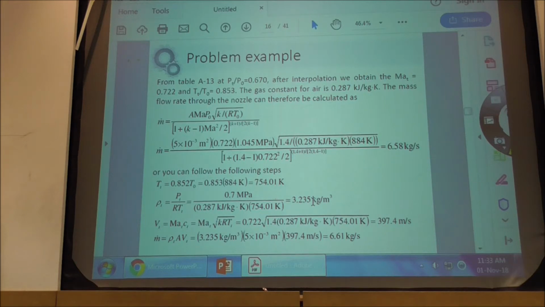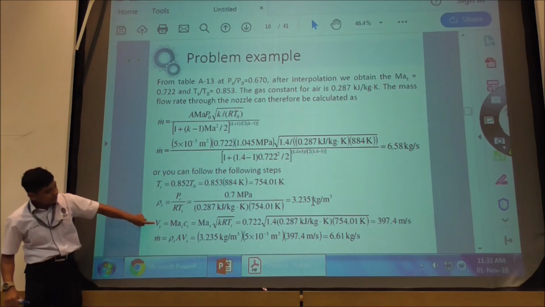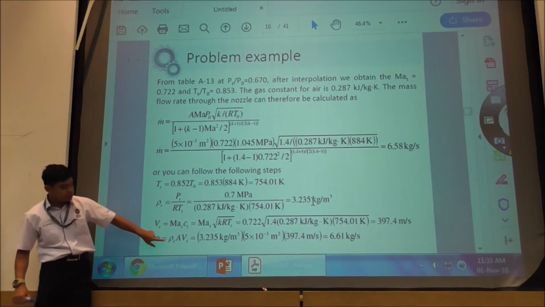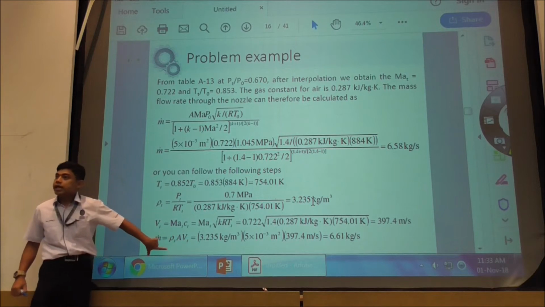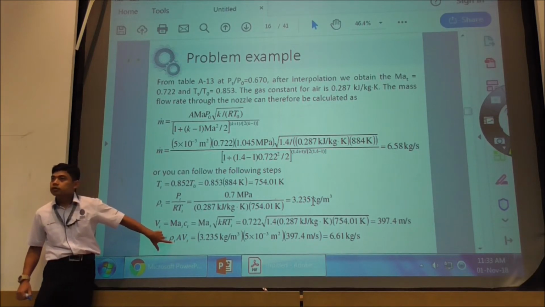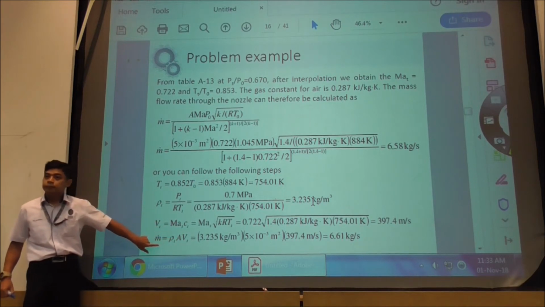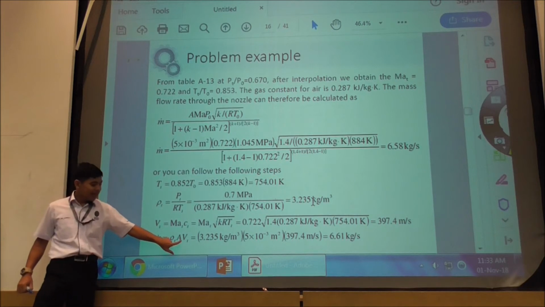Okay, so if you do not want to remember that, you can do one by one. T, P, rho T, Vt, because m dot is rho T A Vt. Why we don't put star here? Any reason why I don't put star or asterisk there? Why I put rho T A and Vt?